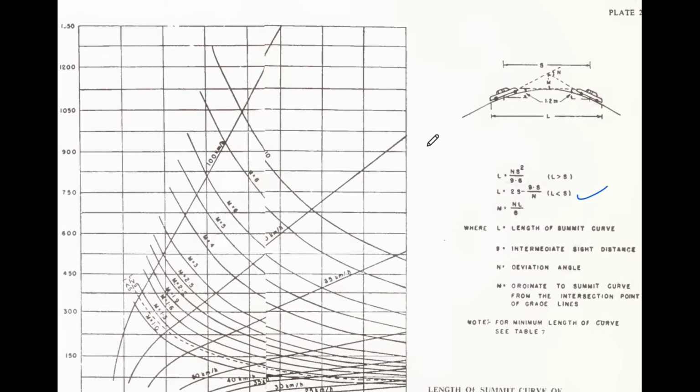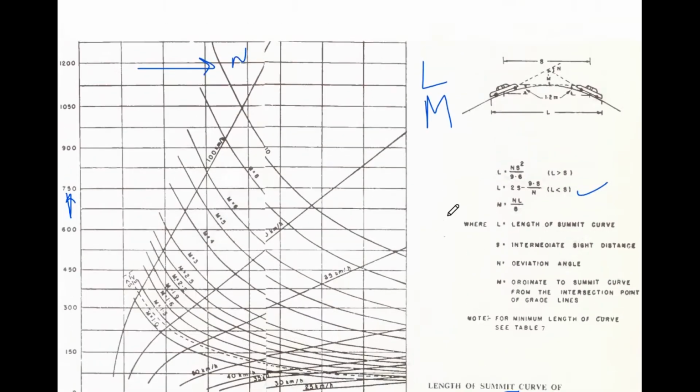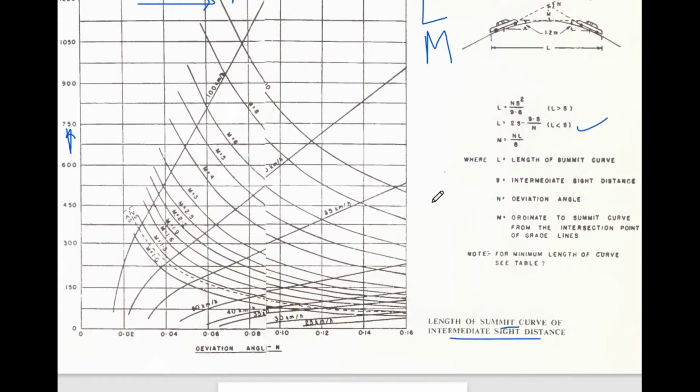The y-axis denotes the length of curve, the x-axis denotes the deviation angle, and with the help of the design speed as per the class of road, we are going to find the L value as well as the ordinate value. I hope this plate 2 is also clear to you, and the rest of the things I have discussed in plate 1 itself.